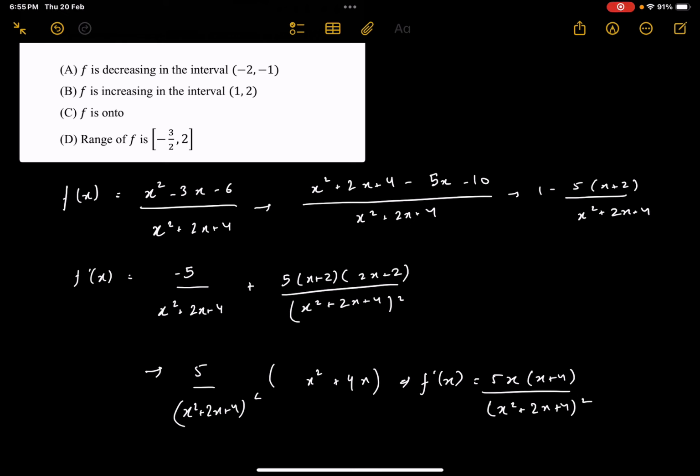So in the interval -2 to -1, f prime x is less than 0, so function is decreasing.